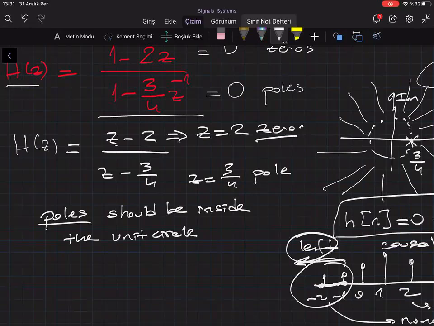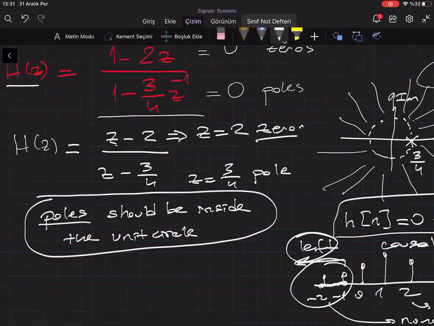Okay, do you follow me? Let me check here. There are a couple of rules that I want you to realize. Poles should be inside the unit circle. This is a causality rule. Okay, poles should be inside the unit circle.